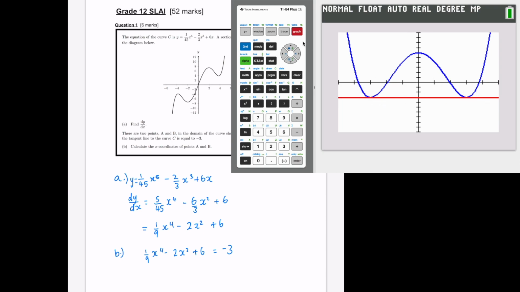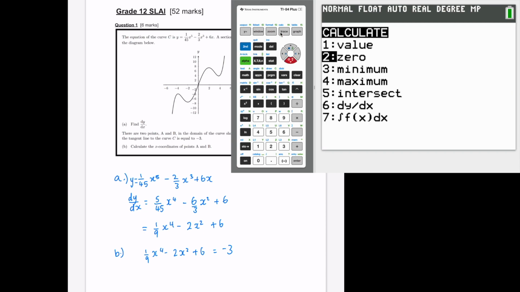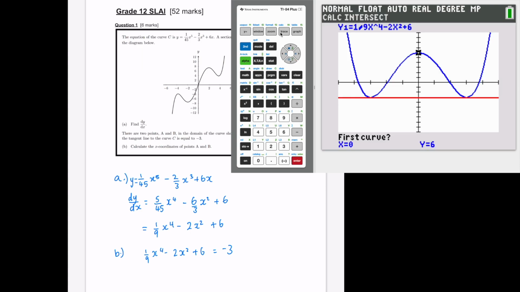So we're looking for the two intersections. So we can now do second function calculator, and we're looking for the intersection. So just going to scroll across to one of the solutions. So one on the left hand side, one on the right hand side, and my solution there is -3.